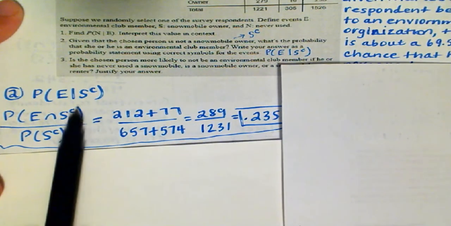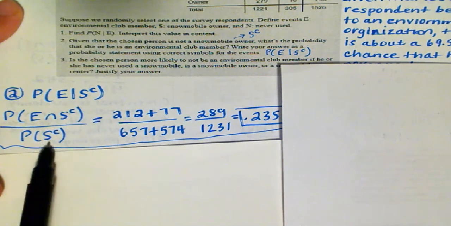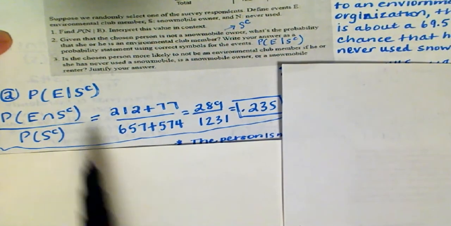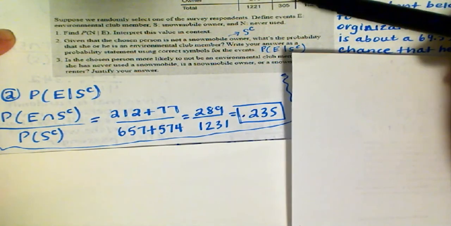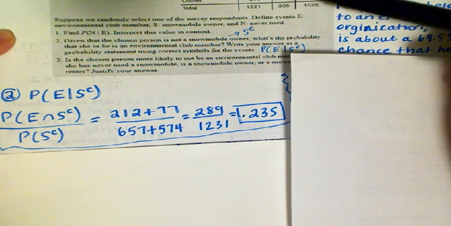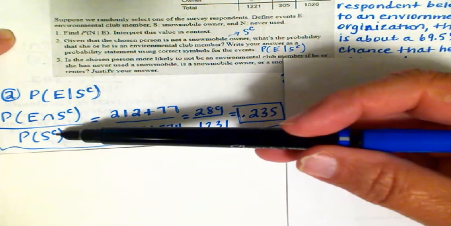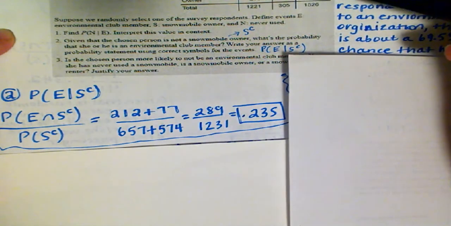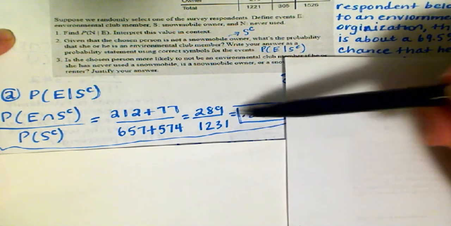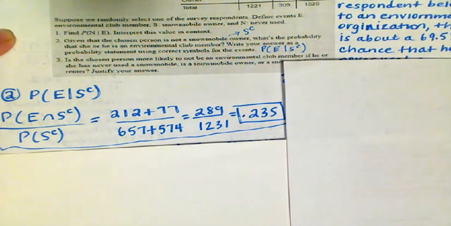So, probability of both over the probability of that. So, environmental and not a snowmobile owner. You need to add these two, the 212 and the 77. And then not a snowmobile owner, you need to add these two. Okay, and that's how I came up with that, and my answer is 0.235.